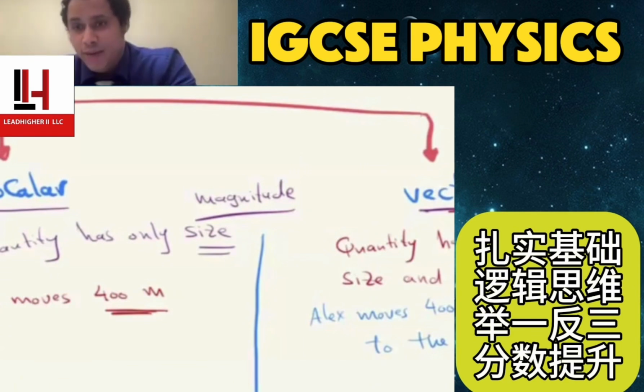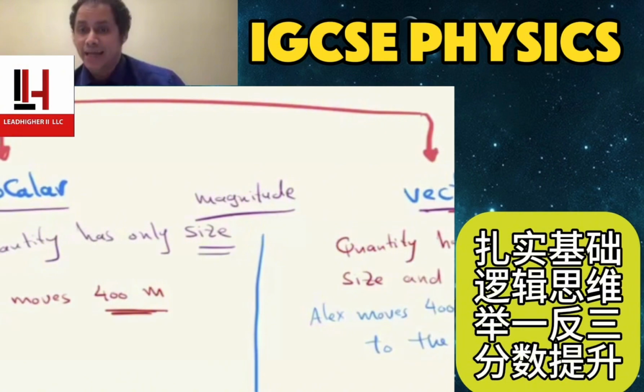So let's start one by one, step by step. How do I know if it is a scalar or vector? If this quantity needs direction, it's a vector. If it doesn't need it, I can do it anywhere, so it is a scalar. So let's start with the first one.